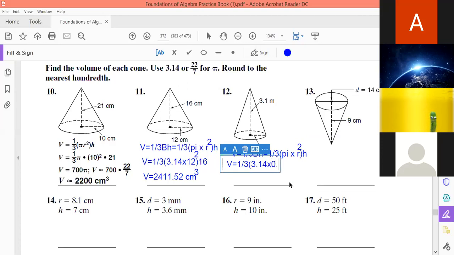It's a square, so I will put the square later, and times height. So it's 0.7 square. Now Mazin, calculate it. 0.7 times 0.7, or you can say 0.7 square.